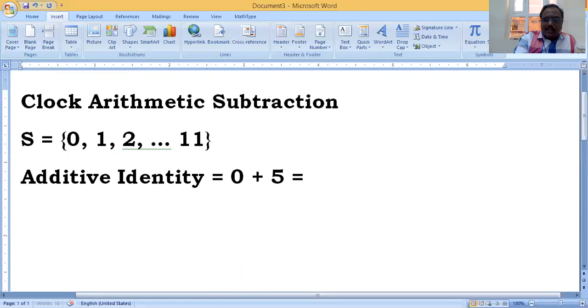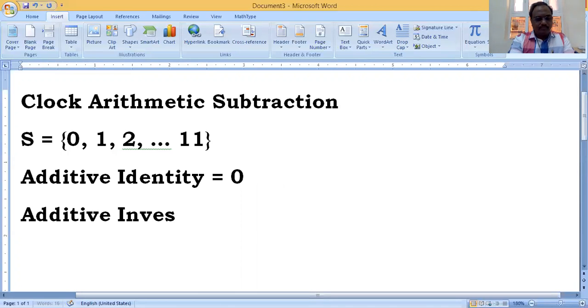Now, using this idea, we are going to discuss the additive inverse of the clock arithmetic system. When I say additive inverse, for example, I want to add some number to 1 so that I get the value 0.